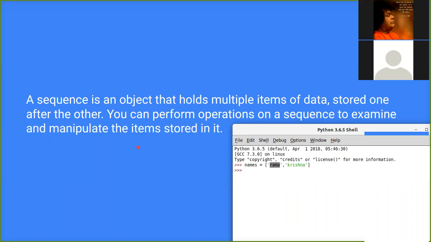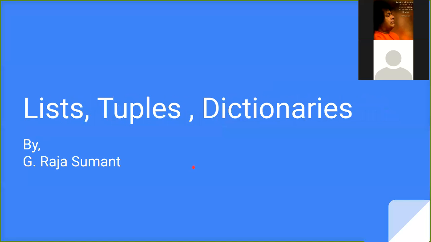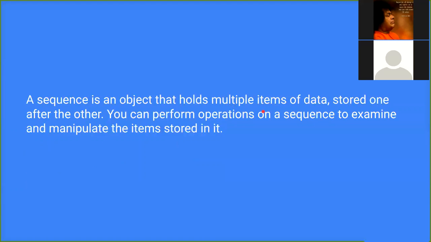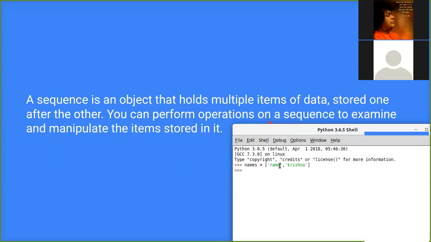Now we can perform operations upon these sequences, and we can manipulate the items stored in them. We have three different sequences in Python. Those three different sequences are lists, tuples, and dictionaries. Here I have shown you a special type of sequence called a list.